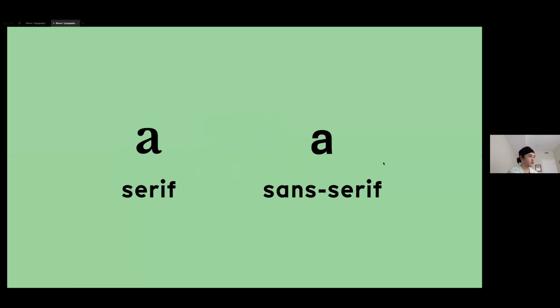These are the two categories of fonts that pretty much comprise all fonts that exist. Again, everything is a broad stroke for the most part, and there's a lot in between in all of these categories, but these are the two main categories.